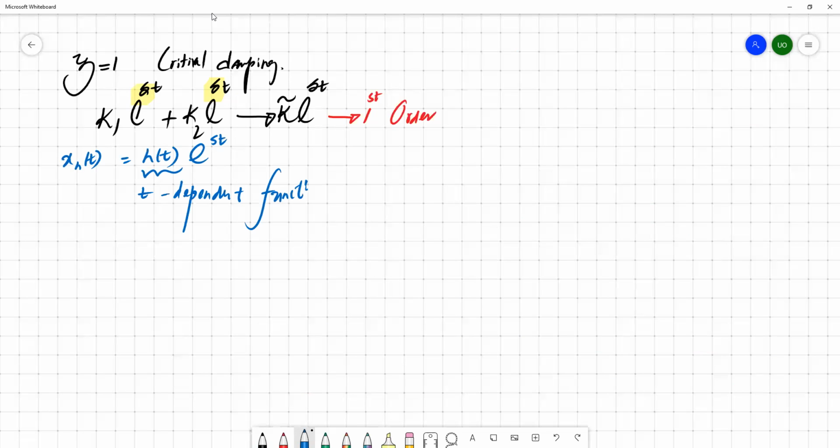If you refer to the slides, this h(t) would be K1 plus K2 t, which is a linear function.